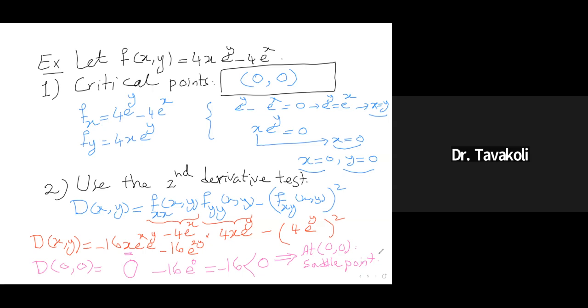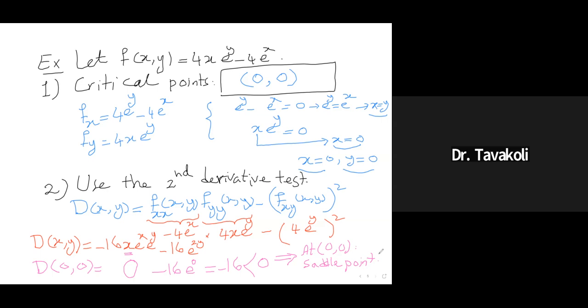And obviously, the second derivative test is conclusive because it was able to determine that the only critical point is one of those three: local min, local max, or saddle point, in this case, saddle point.